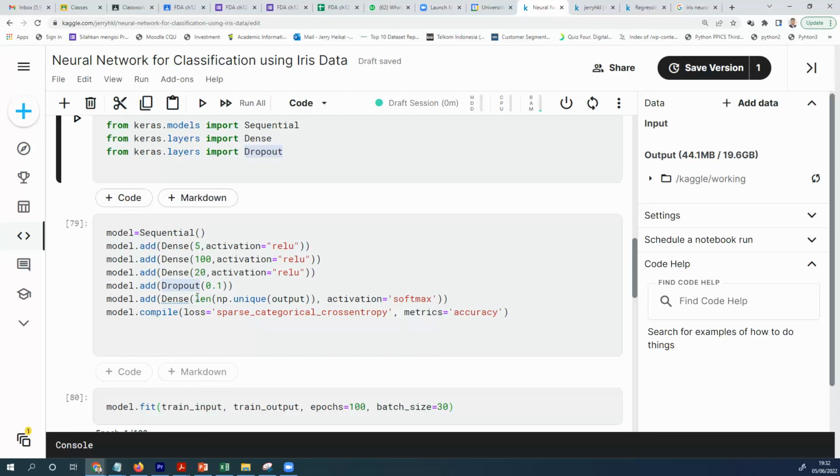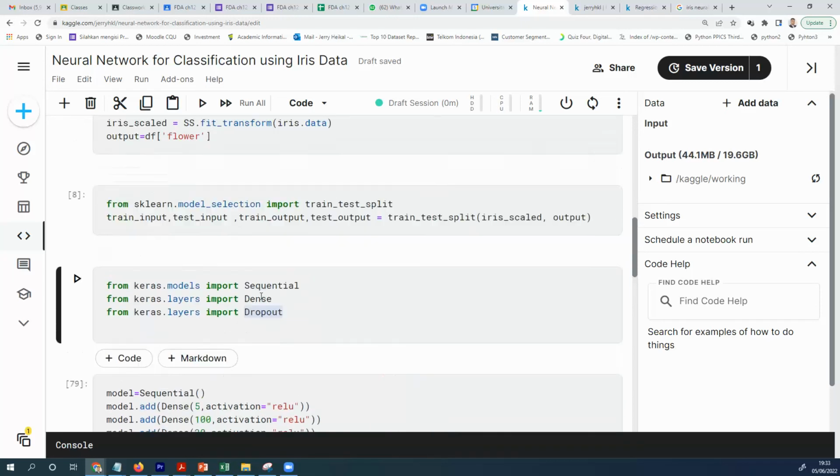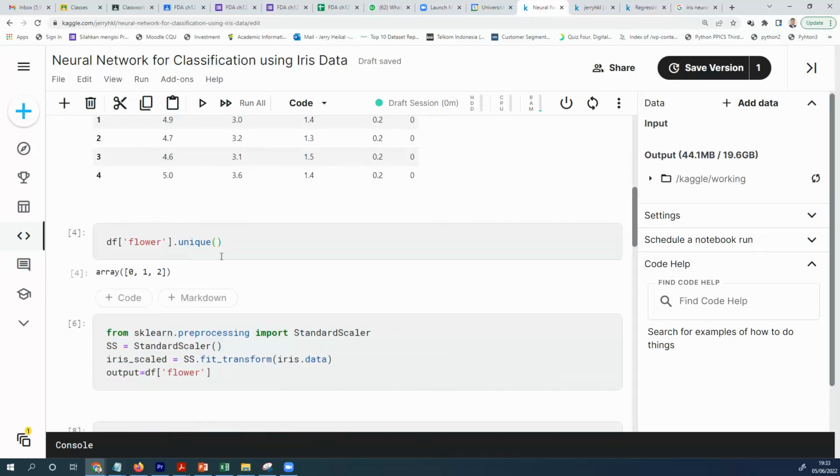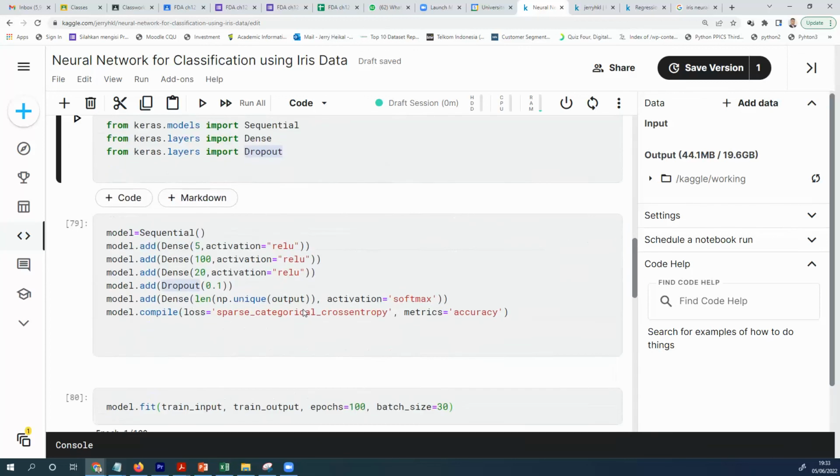Dropout will be 0.1. And this is the output using 0, 1, 2 for the unique flowers, with softmax activation. So in the output, the activation function is softmax, but in the nodes it is ReLU.